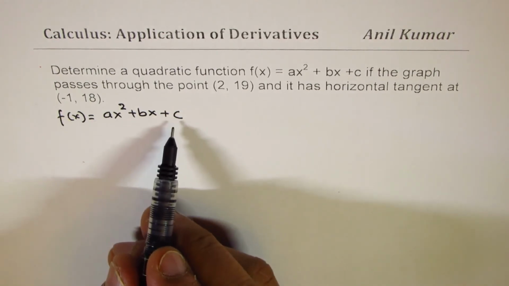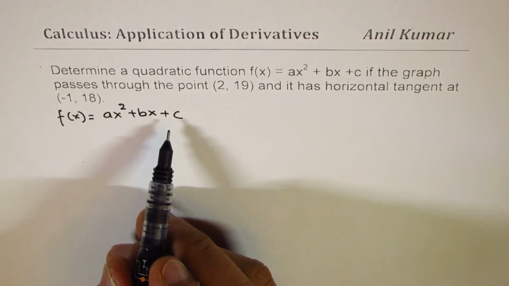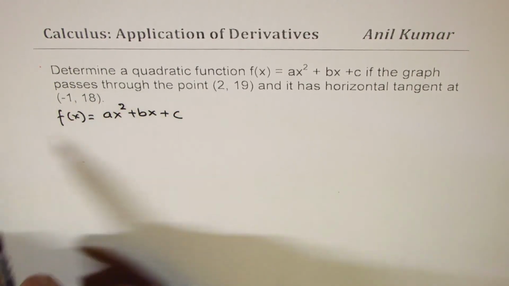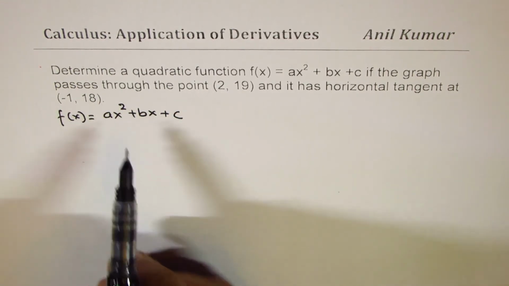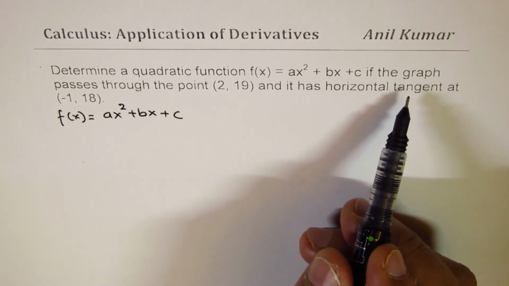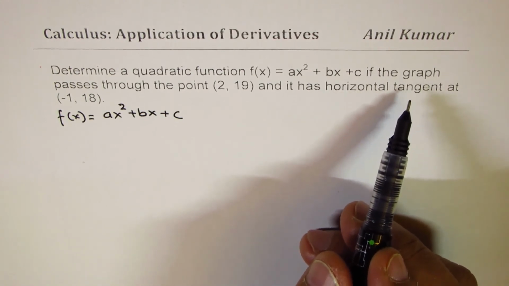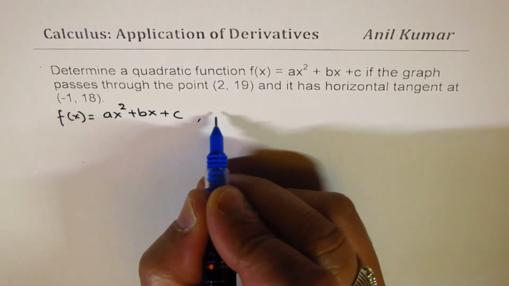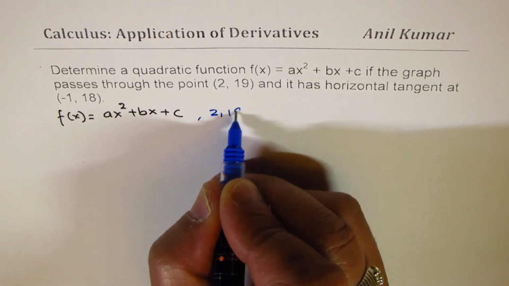There are 3 unknowns. We actually need 3 equations. So these 2 points provide us with 2 equations. The derivative, the horizontal tangent, will give us the 3rd equation. Is that clear?